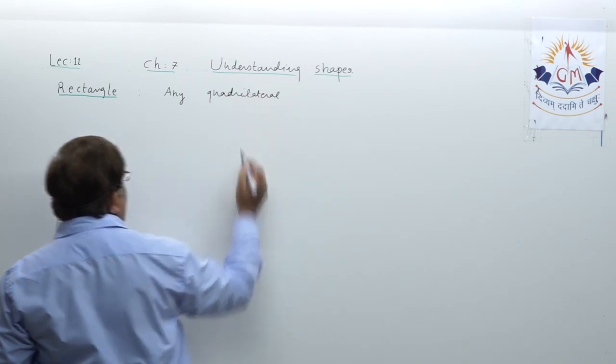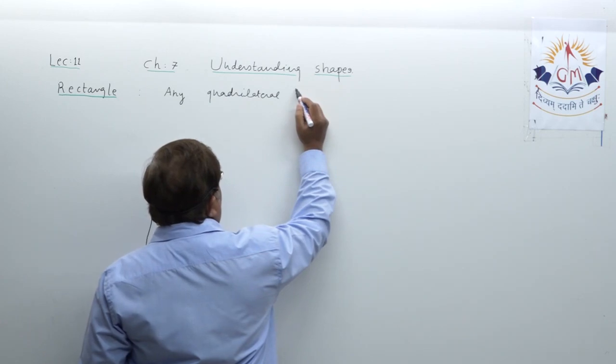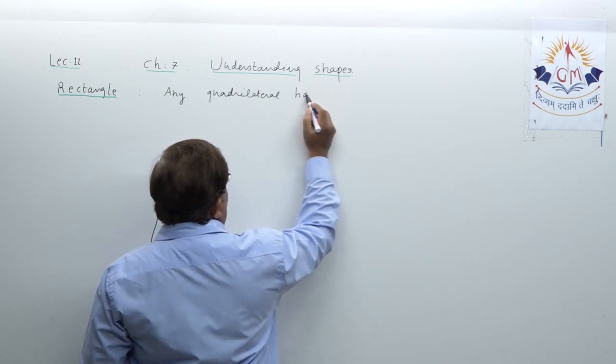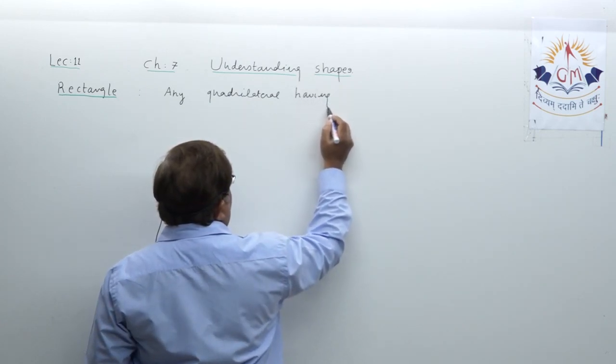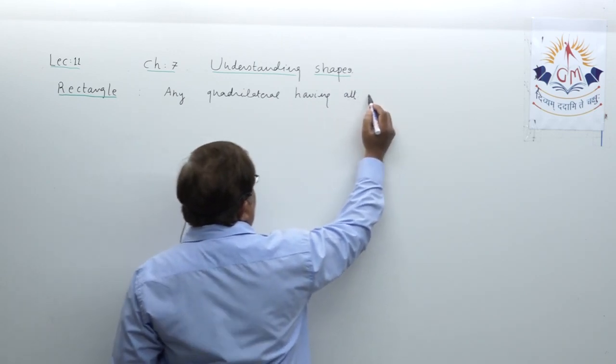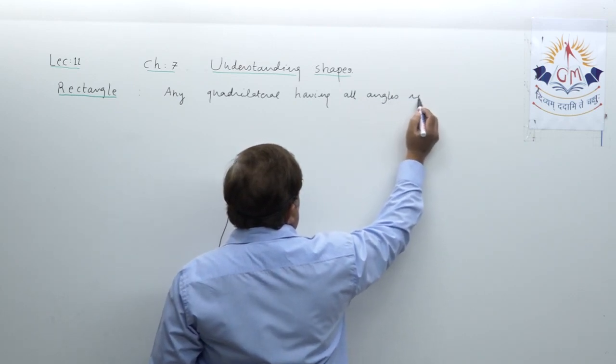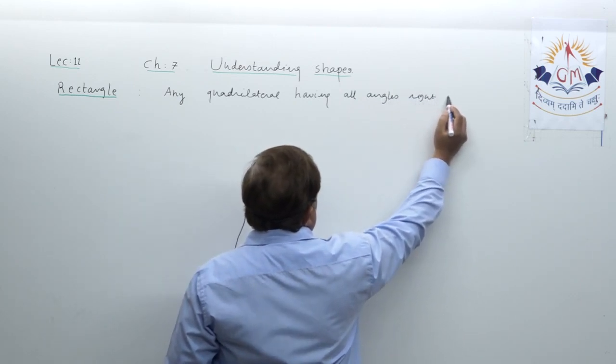We are just defining a rectangle: any quadrilateral having all angles right angle, understand?